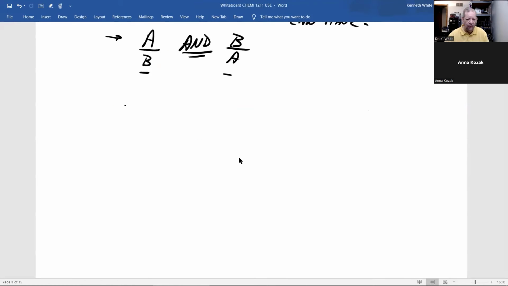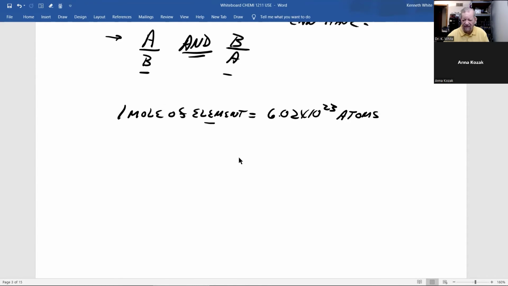Now, we know, as I told you this, 1 mole of an element equals Avogadro's number. And what's the unit of elements? Atoms of that element.